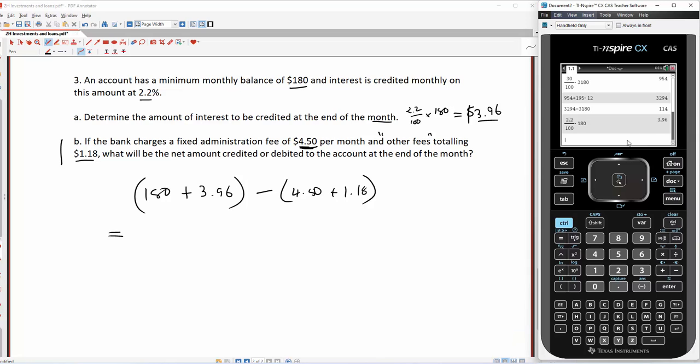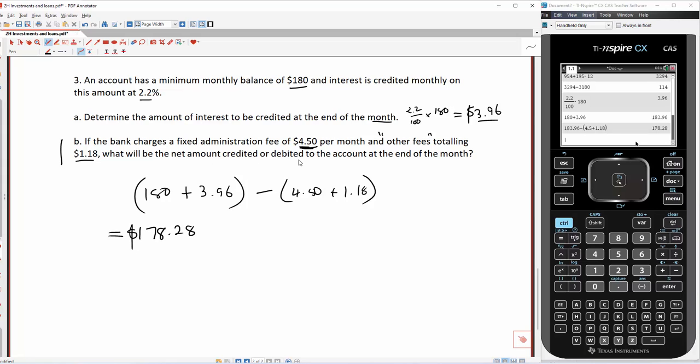Alrighty, so let's find out what's going to happen, and I'm afraid it's not good news. 180 plus 3.96 gives us $183.96, and then we're going to remove $4.50 plus $1.18. So it's $178.28 in the account.